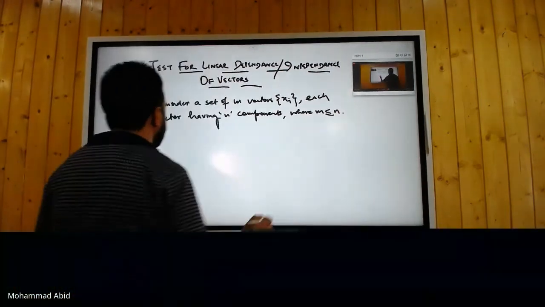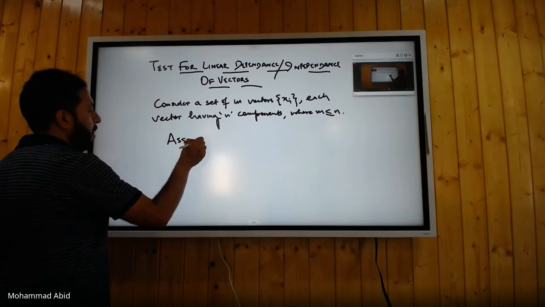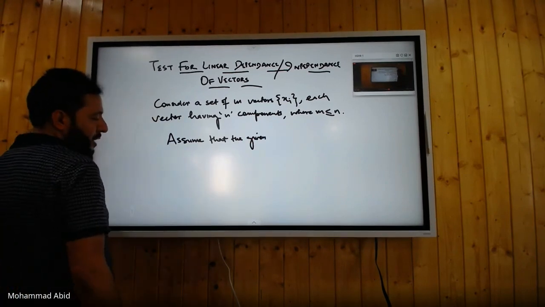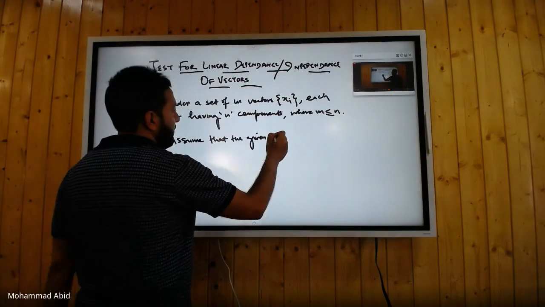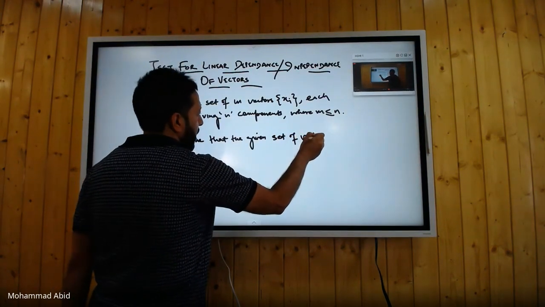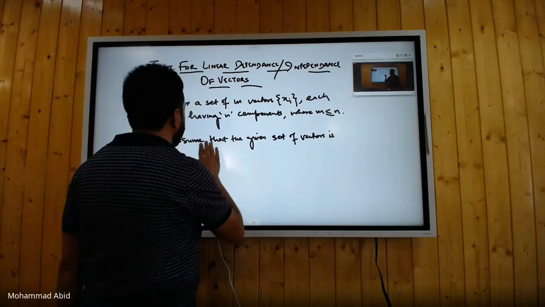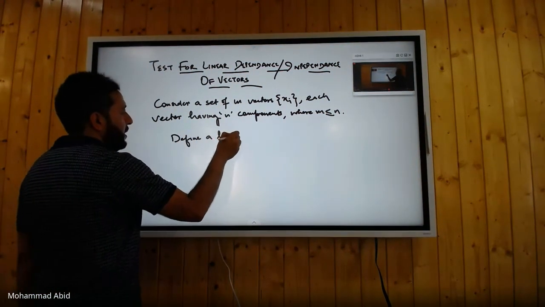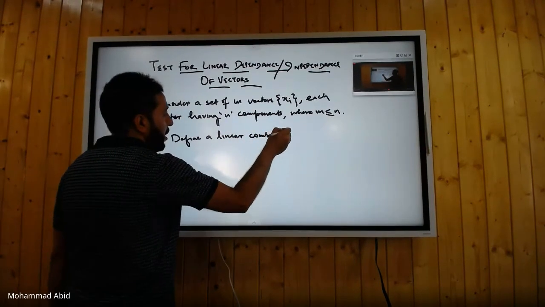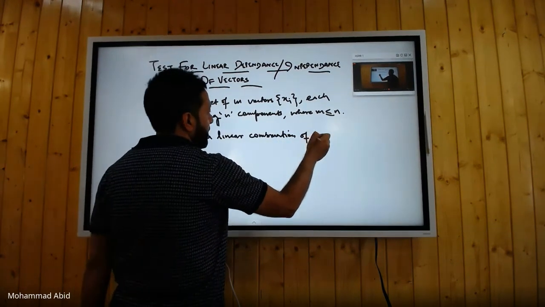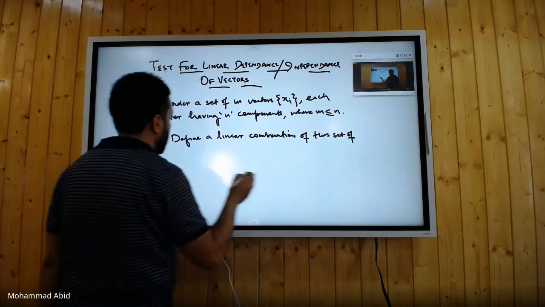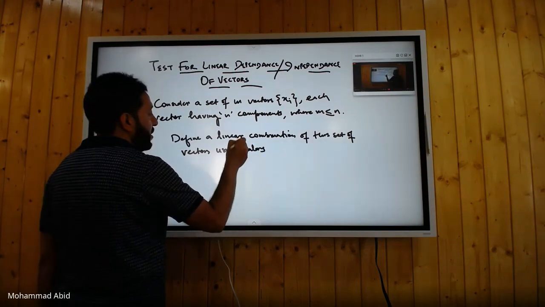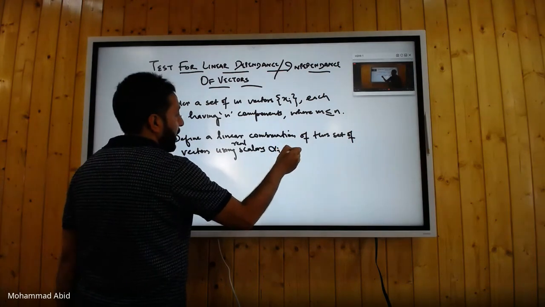So I assume that the given set, I'll not prove this, I will just give you a test which gives a solution through contradiction. So I define a linear combination of this set of vectors, using real scalars alpha i, i going from 1 to m.